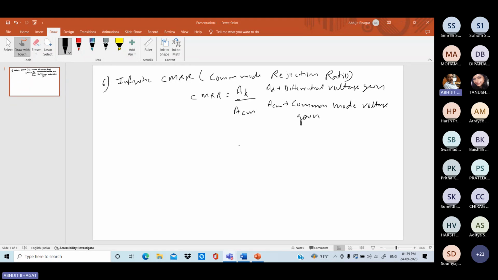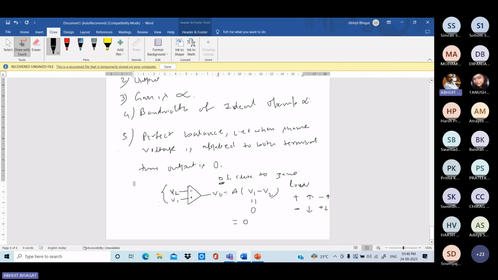AD and ACM. Now, what is AD and what is ACM? AD is what? When you supply different voltages across the input side, in that case the gain of the op-amp is A. So this A is called the differential voltage gain.